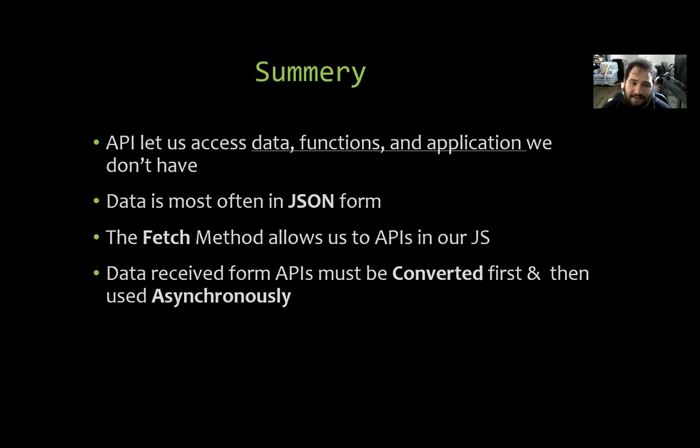And the last thing, which is really important, data received from APIs must be converted to JSON first and then used asynchronously, which means in order. It has to be in a .then in order for it to run in a timely manner.